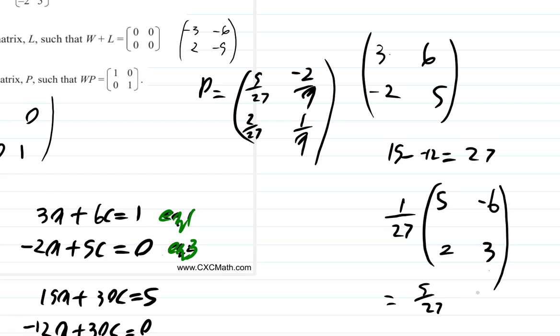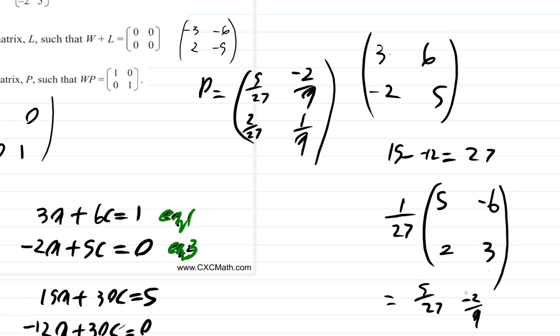What was this again? 6 over 27, 3 into 6, 2, 3 into 27, 9. Oh, negative. Why am I putting 3 up here? And it's a negative.